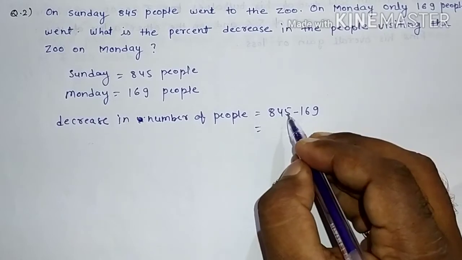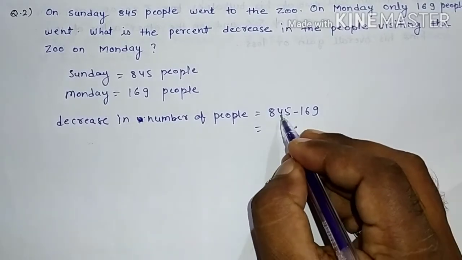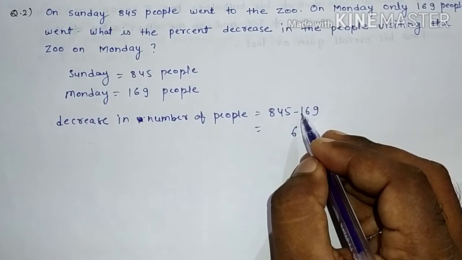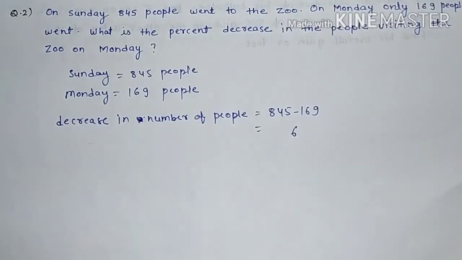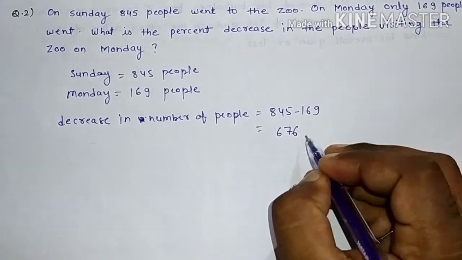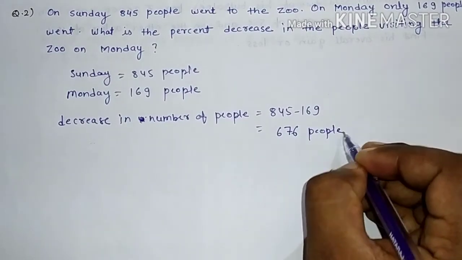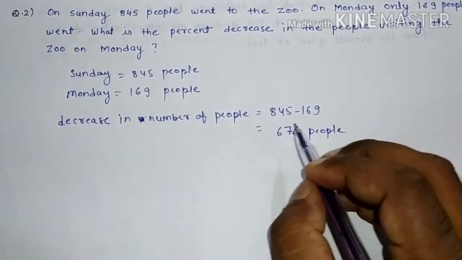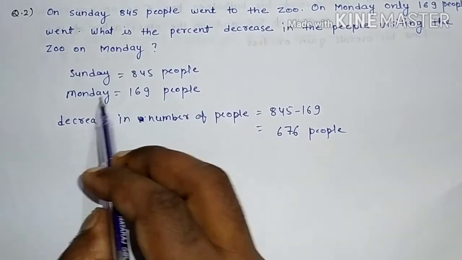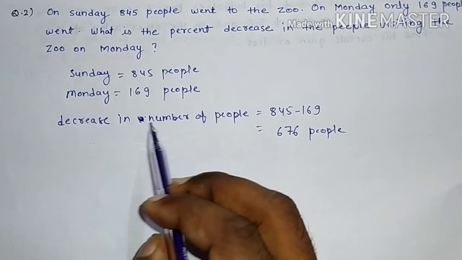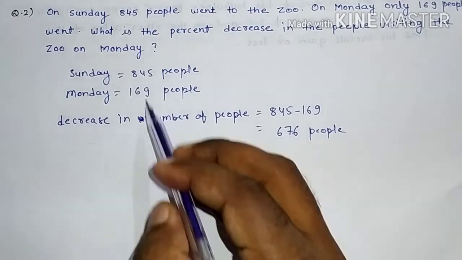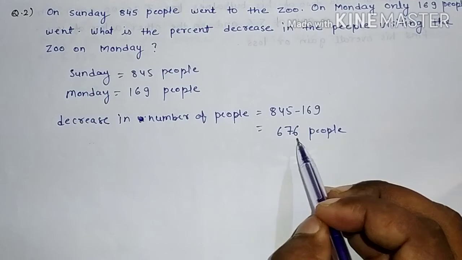So just subtract it. 15 minus 9, that is 6. 3. Carry 13. 13 minus 6, that is 7. And this is 6. So 676 people have decreased. The decrease in number of people from Sunday to Monday is 845 minus 169, so 676 people.